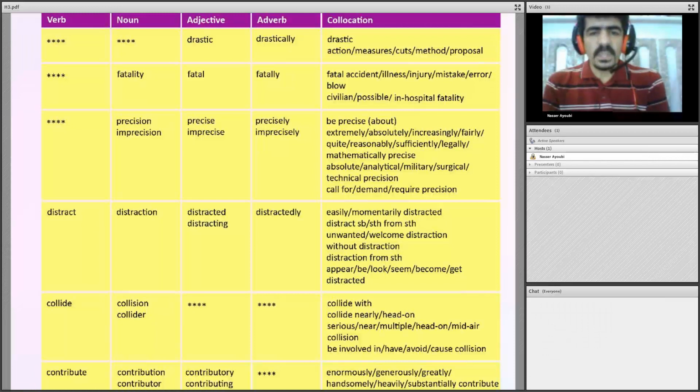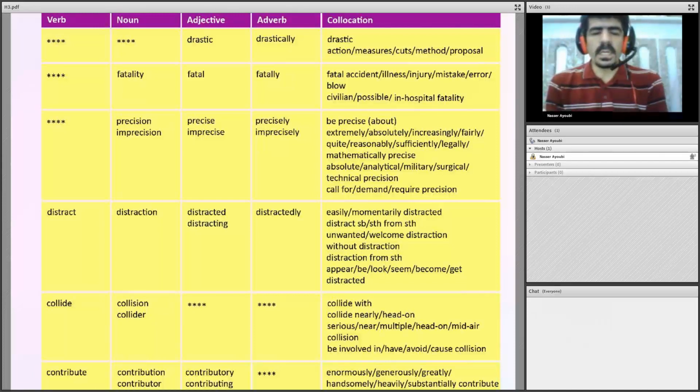Absolute precision, analytical precision, military precision, surgical precision, and technical precision. Call for precision, demand precision, require precision. As you know, sufficiently means enough. Sufficiently precise means precise enough.